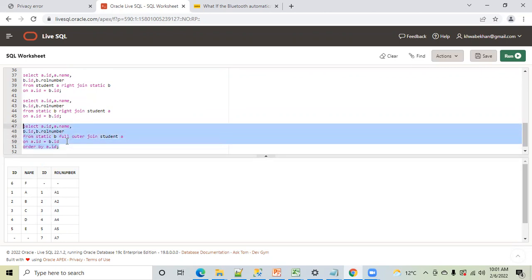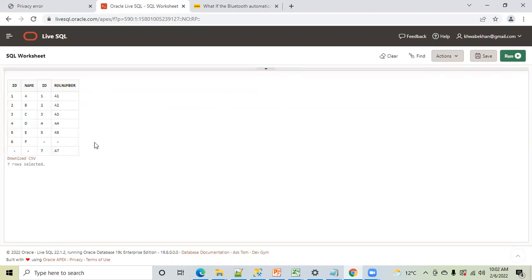Now you can see this 6F is coming from which table? The student table. Why are these two blank? Because this 6 is not present in the static table.